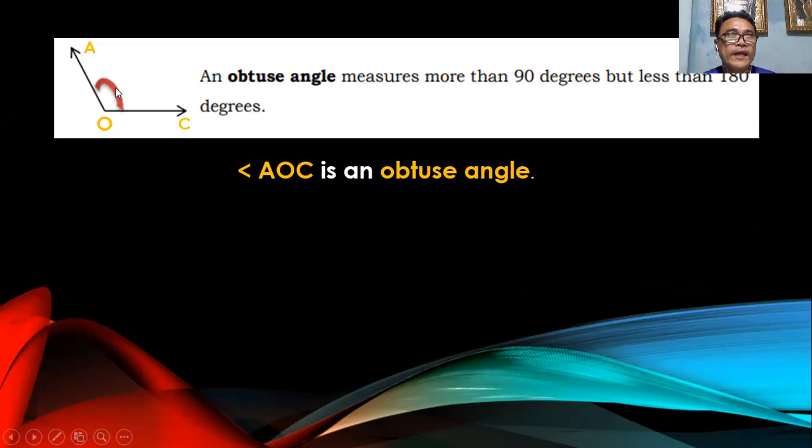So from 91 degrees, but less than 180. So from 91 degrees to 179 degrees. That is an obtuse angle. And we can name this angle as angle AOC, angle COA, or angle O.